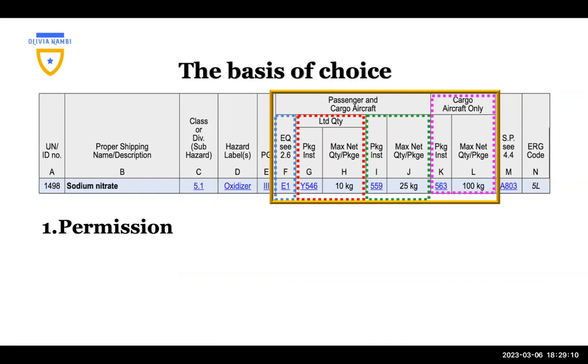But if we have limits, as we can see, we have 10 kilograms, 25 kilograms, and 100 kilograms. That means that that shipment is permitted to be shipped by air.